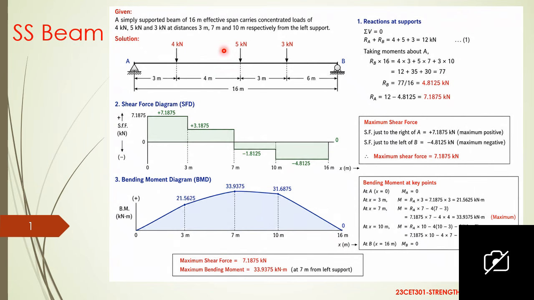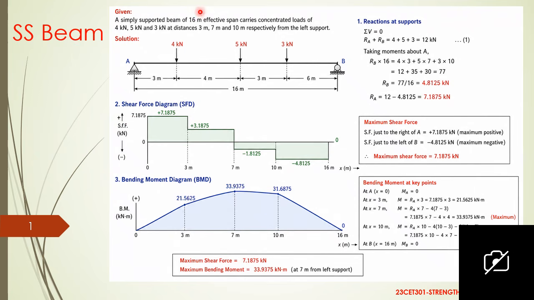That means between these two loads, the distance is 4 meter. And the third load 3 kilonewton is acting 10 meter from the left support. So the remaining, out of total 16 meter, is 6 meter.